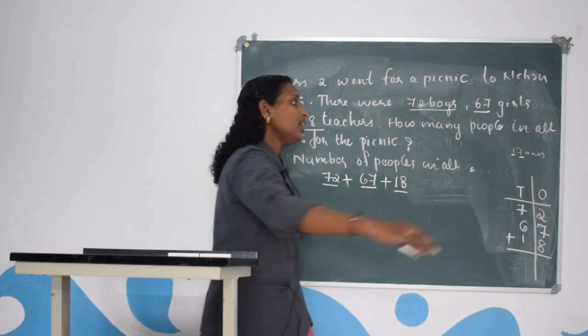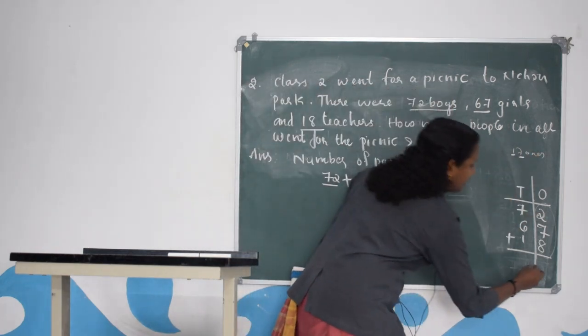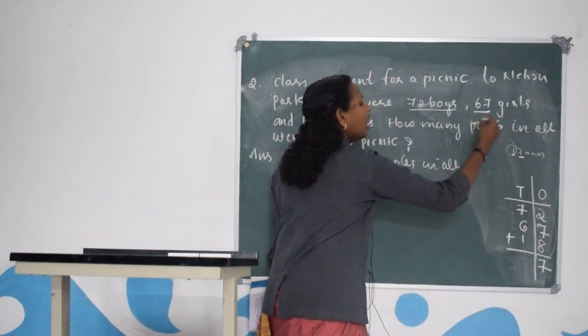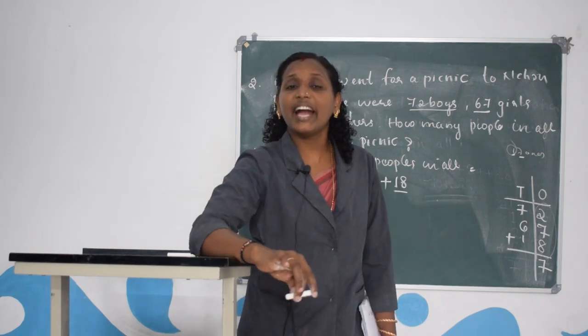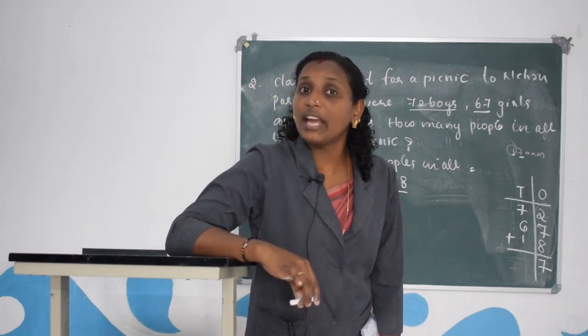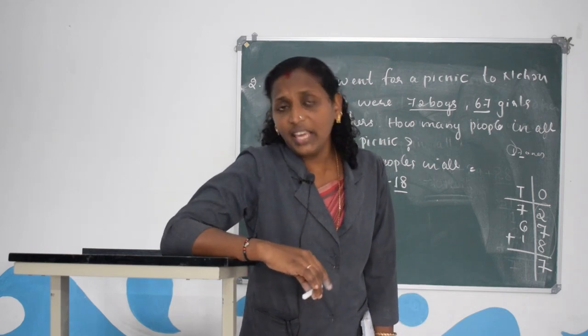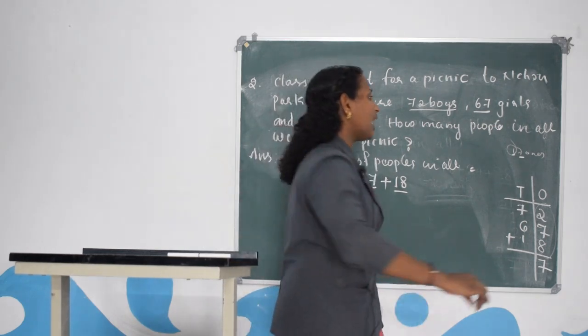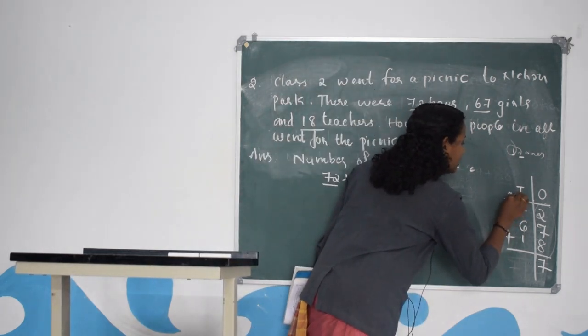Okay, that means write 7 in the ones place. So what about the 1? 1 is carried over, that we have to write in the tens place. So 1 is carried over to the tens place.